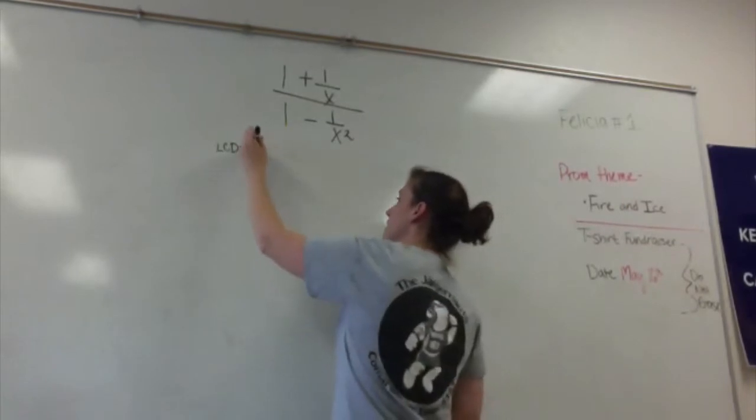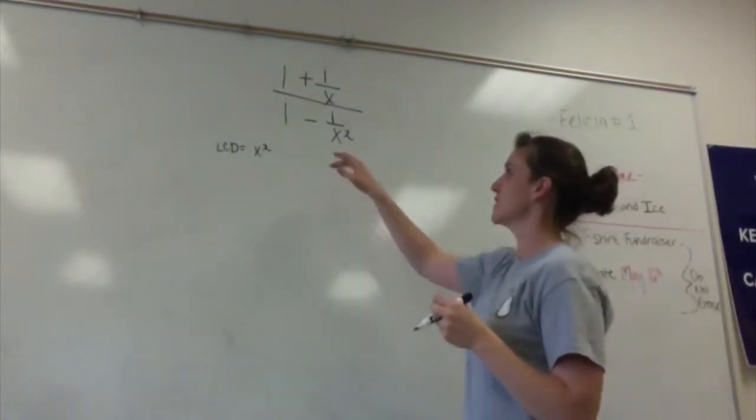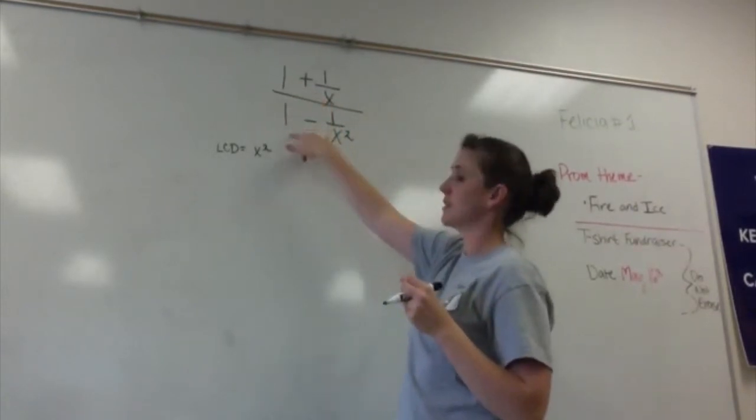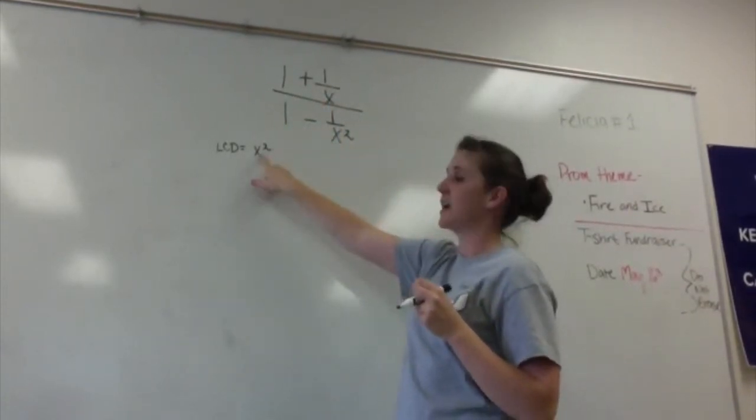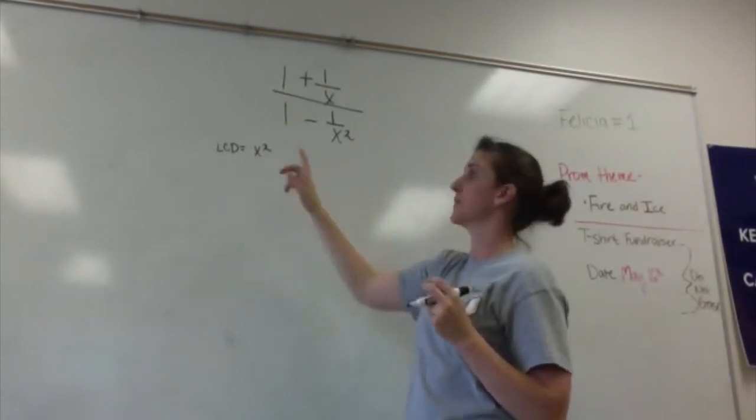X squared. Now what I'm going to do is multiply every single part of my expression by x squared, by the LCD. Okay?